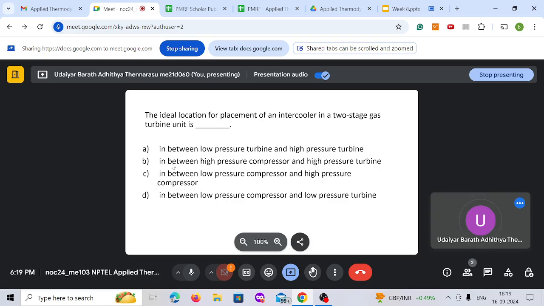Higher temperature in will increase the work done of the compressor. To reduce that, you cool the temperature, and for that you use an intercooler. So this will be used between stages of the compressor, in between the low pressure compressor and high pressure compressor. So option C.